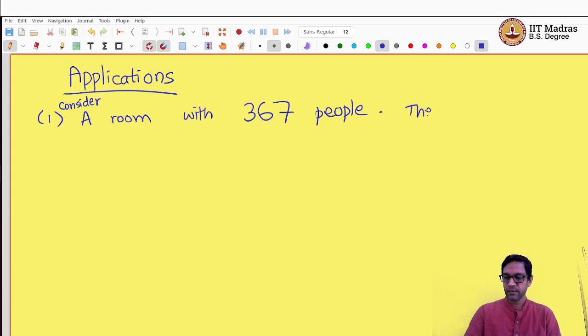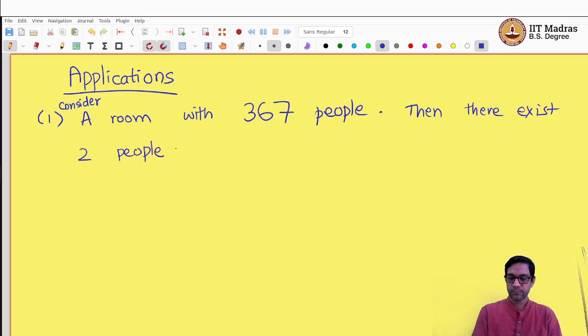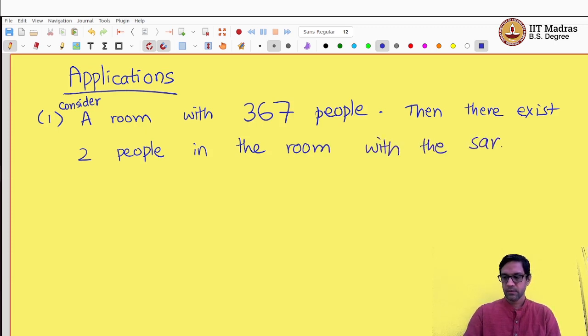Then there exist two people in the room whose birthday is the same. There exist people in the room with the same birthday.